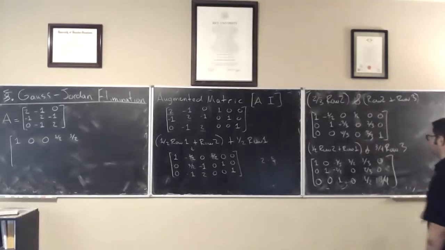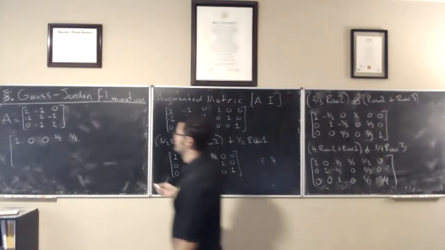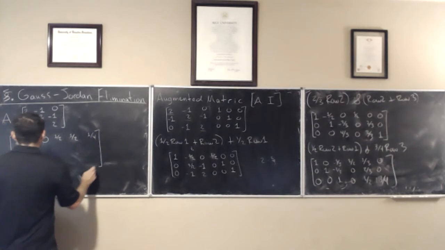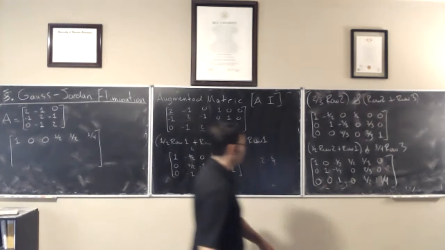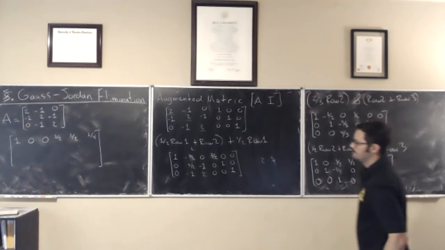And then 1/3 of that, so there'll be a 1/4 here finally. Okay, and then we want to do 2/3 of row 3 plus row 2.